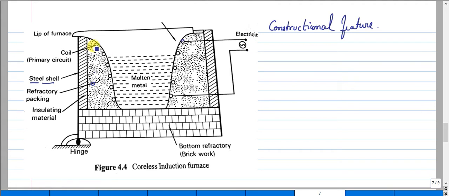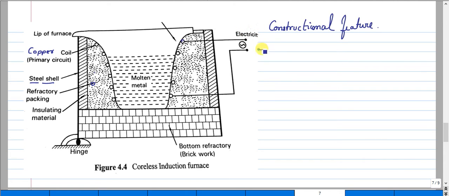The main important part is this copper coil, which will act as the primary circuit. I hope you remember now the primary and the secondary circuit. You will provide the current to the primary, and how the eddy current will be generated in the secondary, we shall discuss in the working principle.